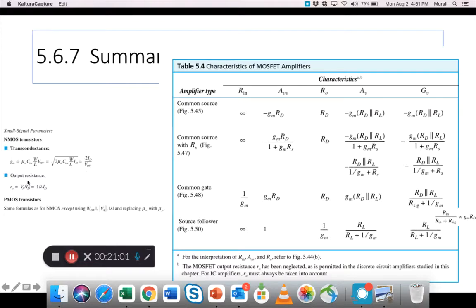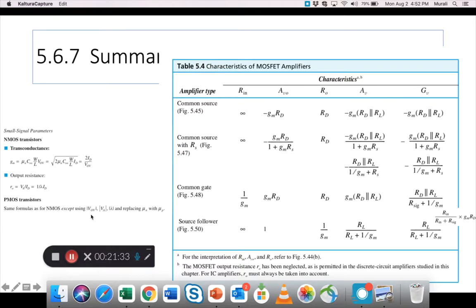Then output resistance Ro, which we tend to ignore quite a bit, but nevertheless if you need it, then it's VA by ID or this 1 by lambda ID. Both these formulas are okay. And VA is that early voltage divided by the drain current. Now for PMOS, the same formulas can be applied, except you must use the absolute value of the VOV.